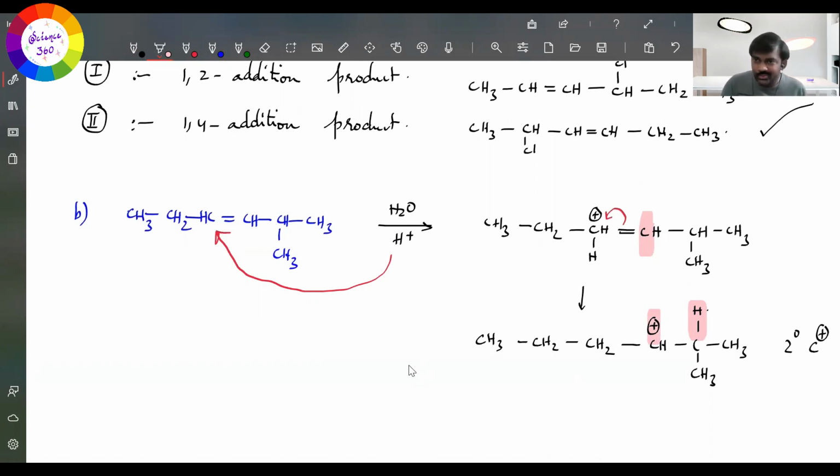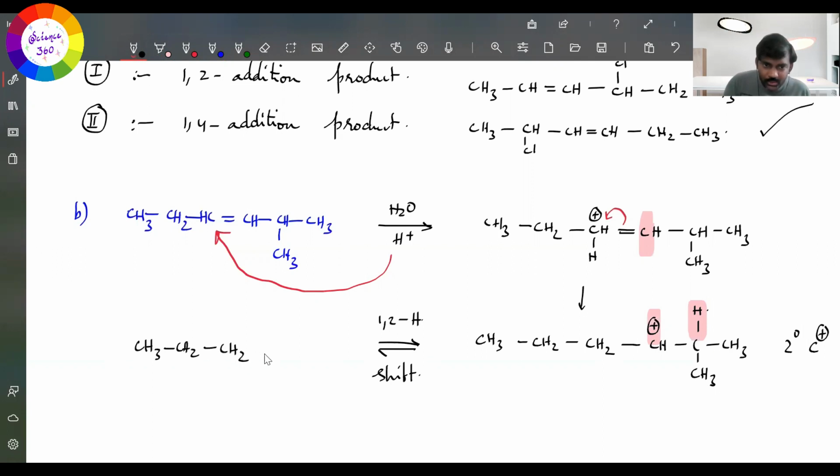So that is called 1,2 hydride shift. After the 1,2 hydride shift, we should get a stable intermediate, that means the tertiary carbocation. So now here the 1,2 hydride shift is going to happen.